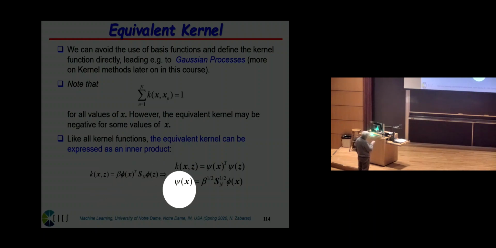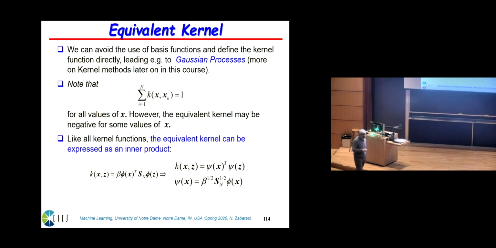So notice, if I define this function psi of x as beta to the 1/2 times the square root of Sn times phi of x, you can show that the kernel, can you see, right, if this is your definition of psi, can you see that this kernel is psi transpose psi?